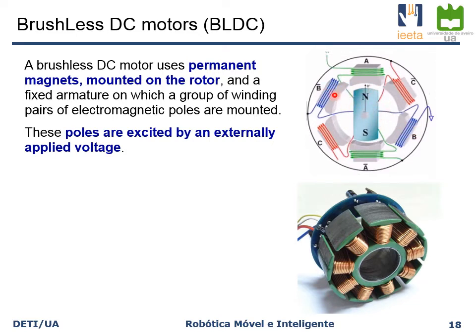When this reaches this point, we then turn off these 2 coils and turn on the C, and this will generate a force that will tend to align the rotating part to these coils. If we want to rotate in the opposite direction, basically we change the voltage applied to these pairs of coils.